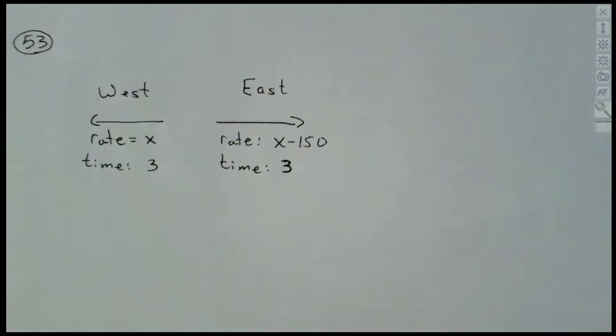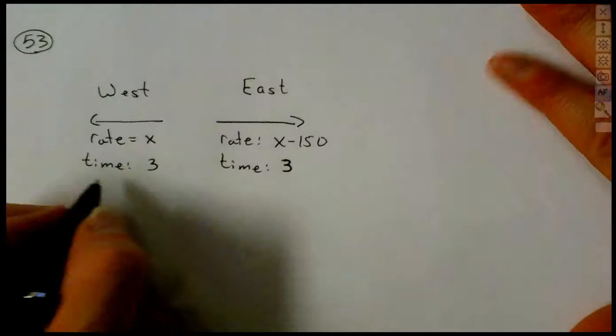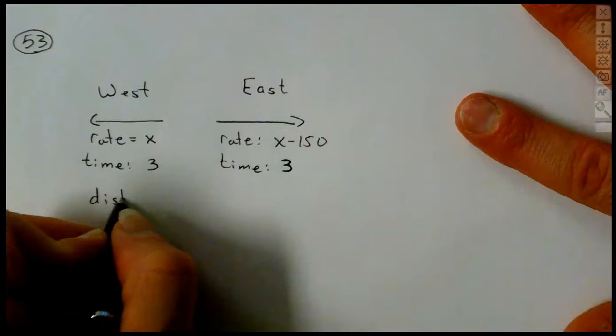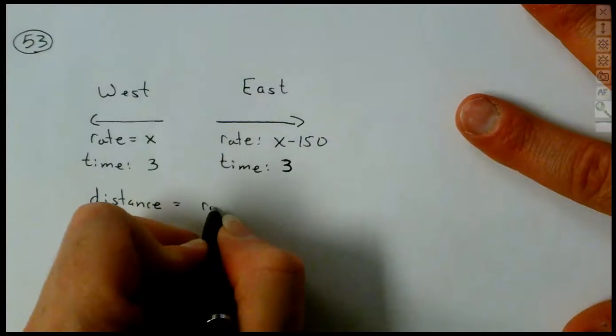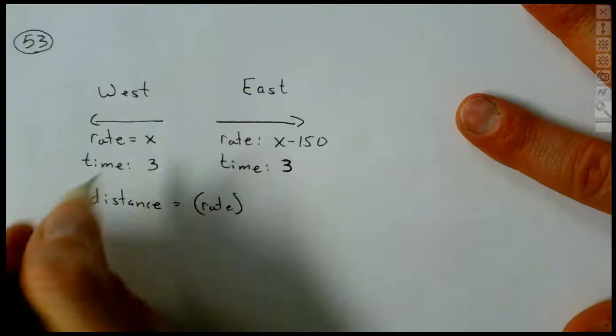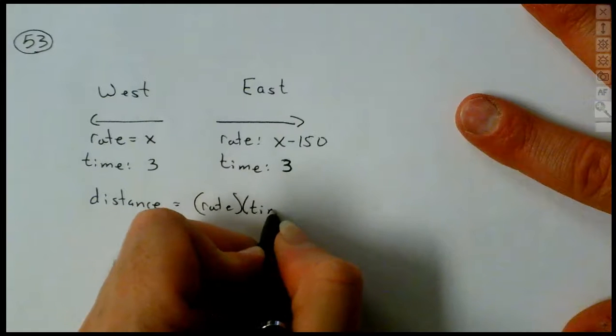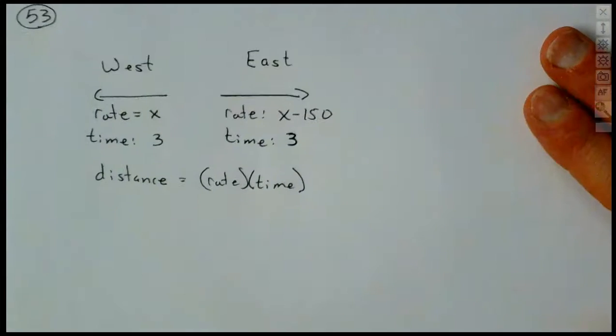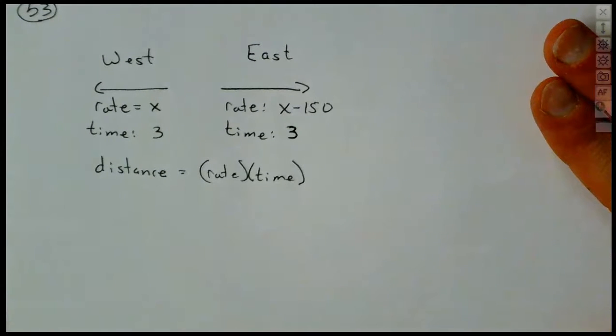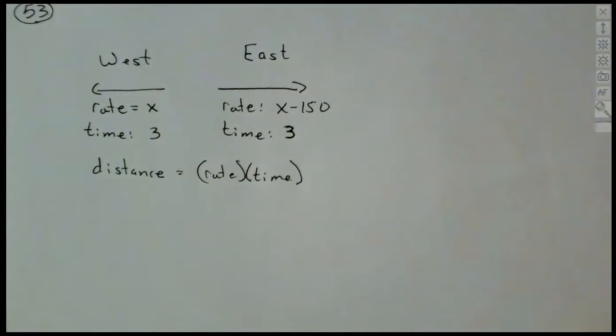Now we can finish it, because again we're going to find our distance. And the distance is the rate times the time. And this will be our last question that we're going to go over. So let's go ahead and finish this one out, and this will be it for today.